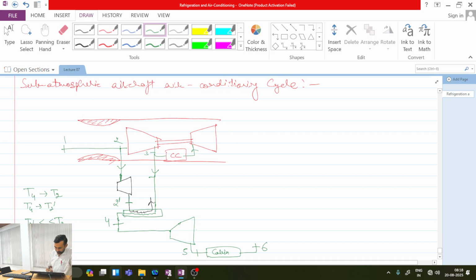And of course, this turbine and this turbine will be doing some amount of work. That work will be utilized to rotate a common fan.